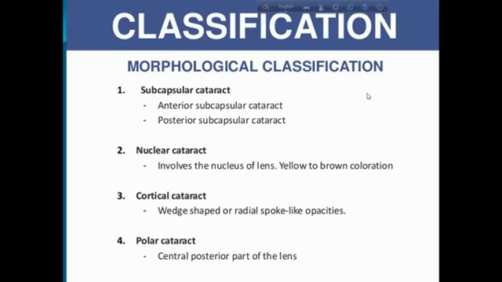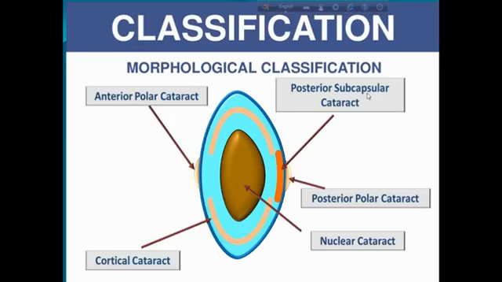And there is the morphological classification: subcapsular, nuclear, cortical, polar. It is also discussed in your lecture class. Here is a picture to understand the morphological classification. This is the capsule, and behind the capsule there is a subcapsular cataract.